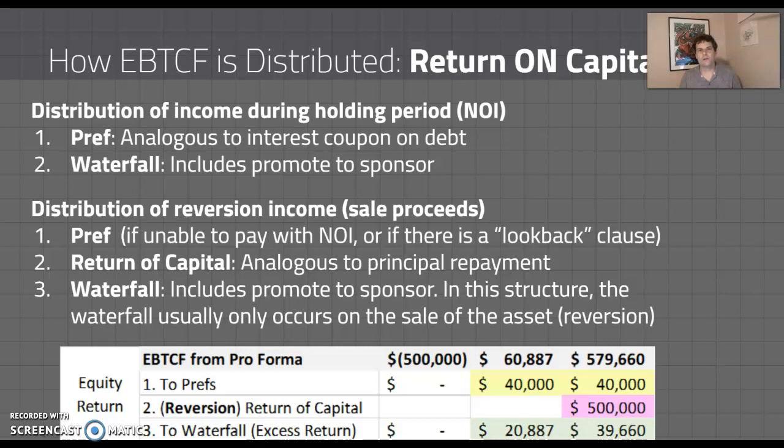Second, we need to return the initial equity investment back to each class of investor, and this is done on a pari passu basis. If there is money left over after we've returned all capital to each party, then we have another waterfall event where the sponsor earns a promote or a greater than pari passu return as an incentive to make that waterfall have as much cash in it as possible.